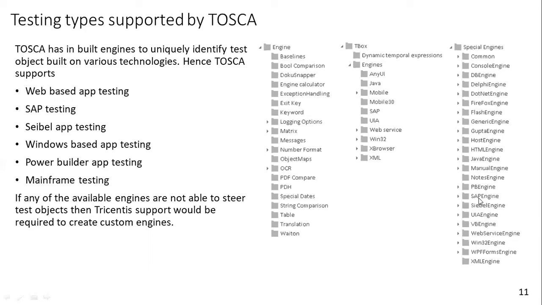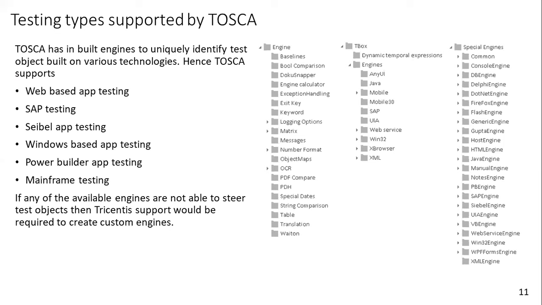When you try to scan a SAP application, since you have launched the SAP application, TOSCA will internally launch the SAP engine and make it ready to identify the test objects on that particular window where SAP is present.